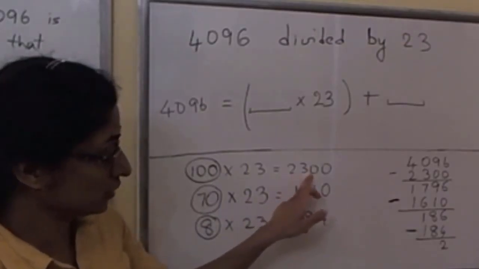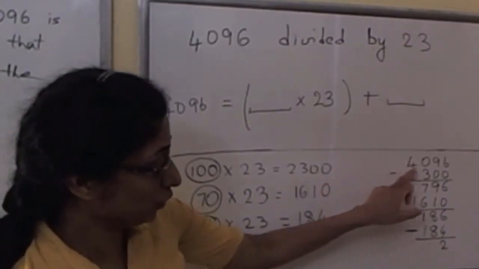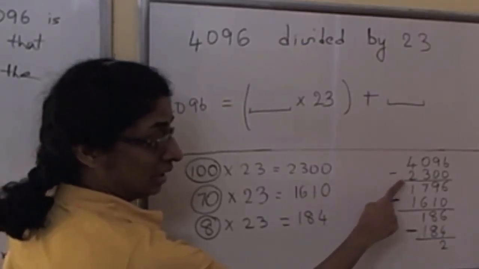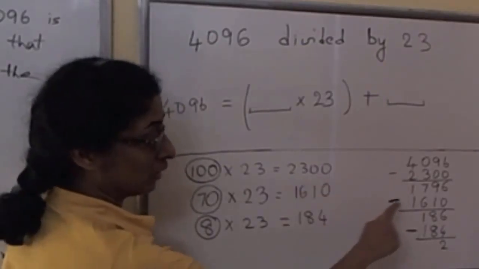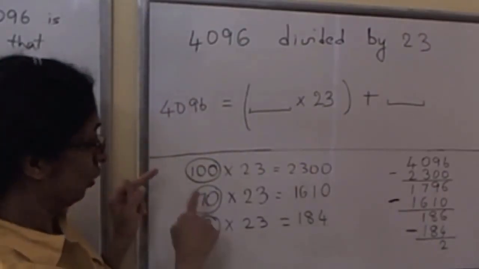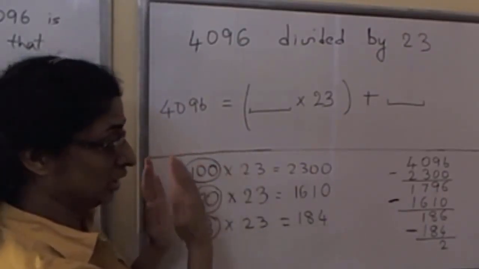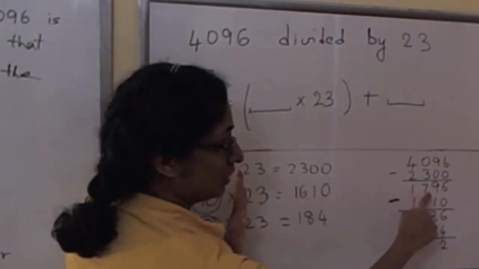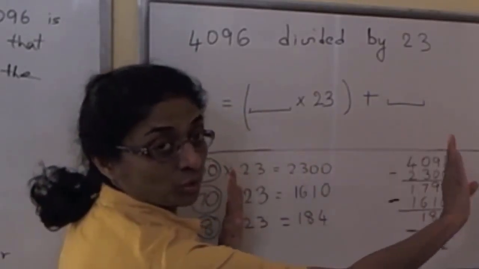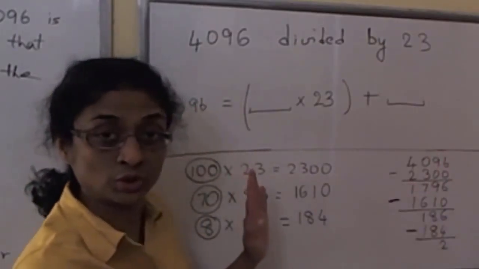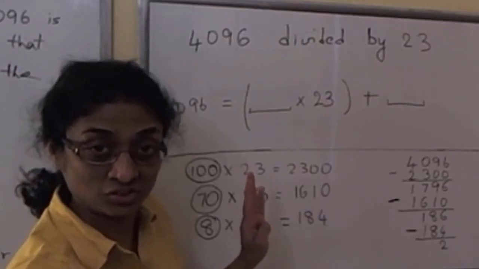So what we do is the subtraction, 4096 minus 2300, and I'll leave it up to you to do this calculation. We get 1796. So we say to ourselves, 100 copies of 23 gets us up to 2300. We still have 1796 more, and in that number we're looking for copies of 23.